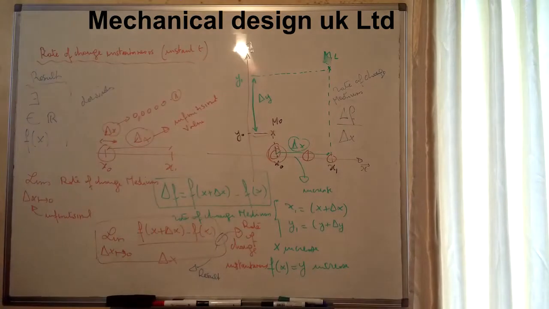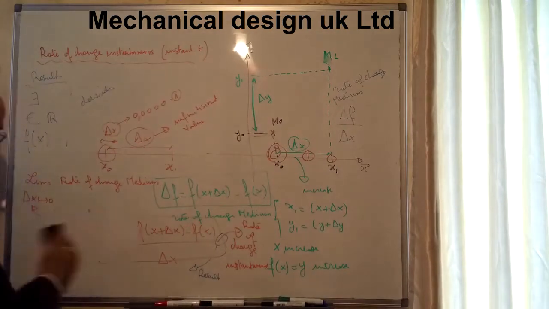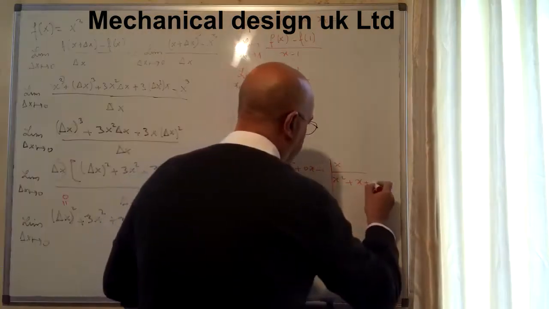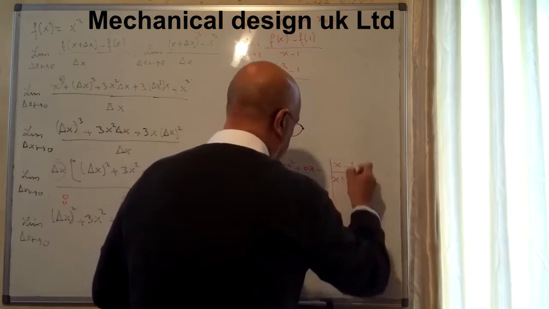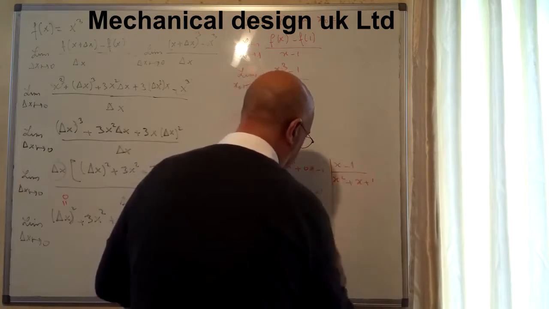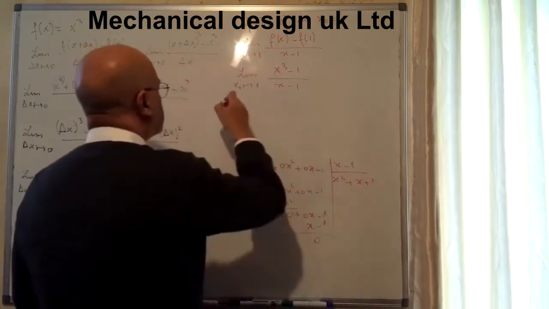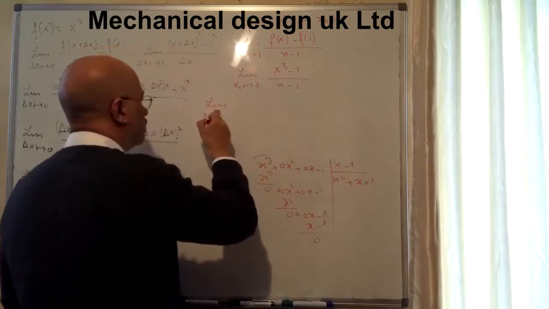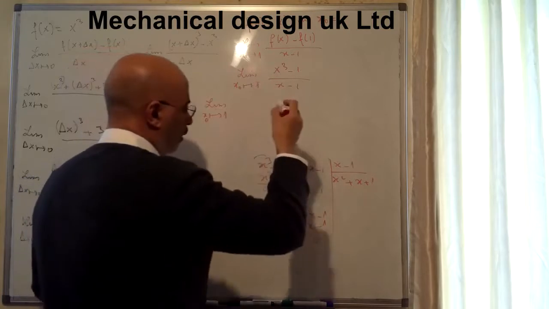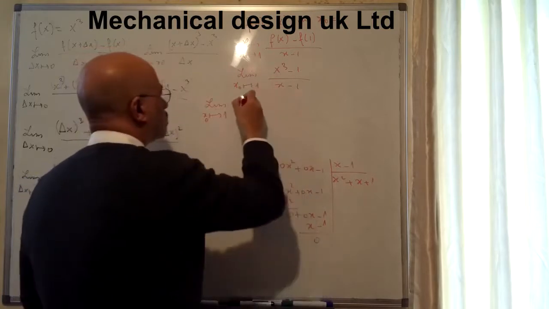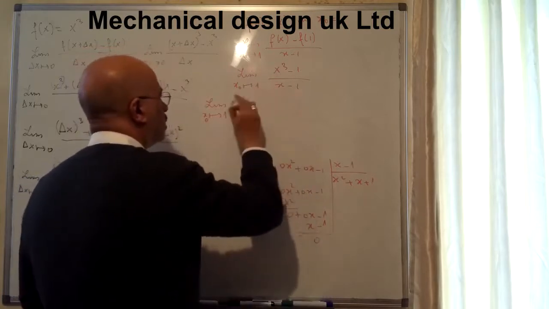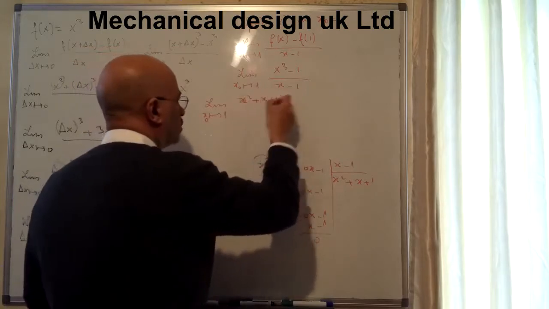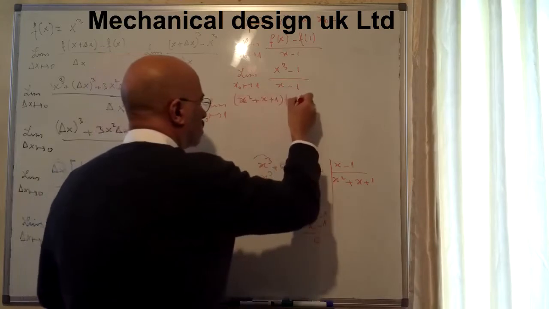Now we're going to do a couple of examples to explain it and make it clear. Minus 1, plus 1, x minus 1, 0. Our function now is the limit when x tends to 1 of x squared plus x plus 1 over x minus 1.